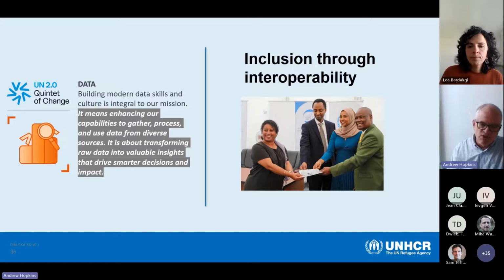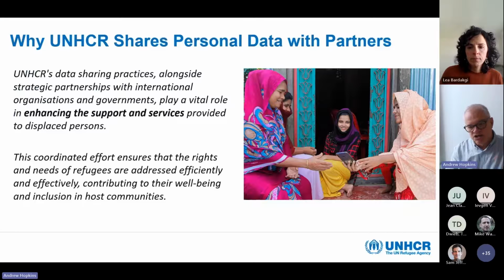So the main reason why we want to do interoperability is to make sure that partners can collaborate on the same data and build the records together to be able to provide a unified humanitarian response. So the idea here is that we followed our data sharing practices alongside our strategic partnerships to play a really important role in providing support and services to displaced populations.